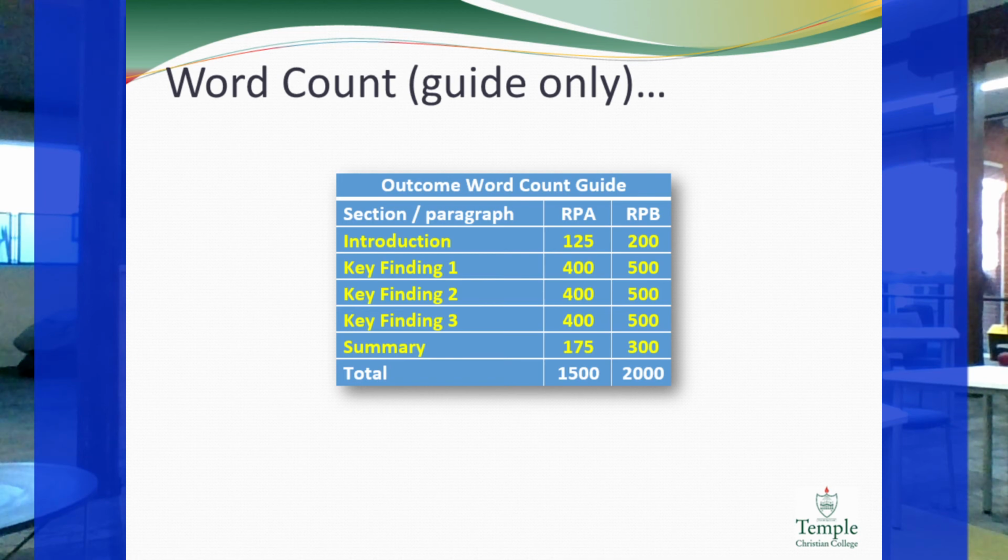Do not go over that word count, and be as close as you can to it. Anything less and you're wasting words, anything more and the reader stops reading at that word count. So get that right. But if you want to have, say, 700 words in your key finding 2 and 300 words for your key finding 1, that's fine, if that works for you.